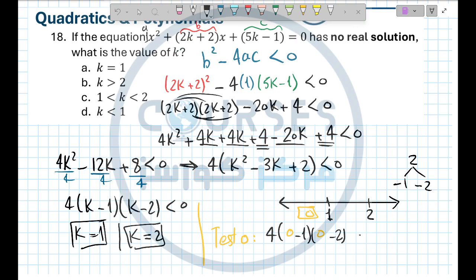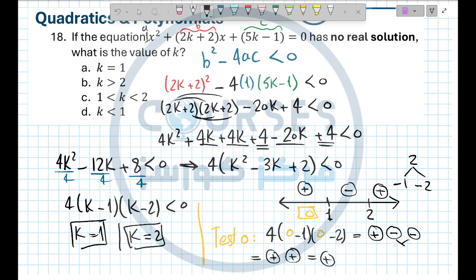Okay, so 4 is positive, 0 minus 1 is negative, 0 minus 2 is another negative, negative times negative will be positive, and positive times positive is positive. So this part is positive, so it's a normal quadratic inequality: either yes, no, yes, or no, yes, no, which is positive, negative, positive, or negative, positive, negative.